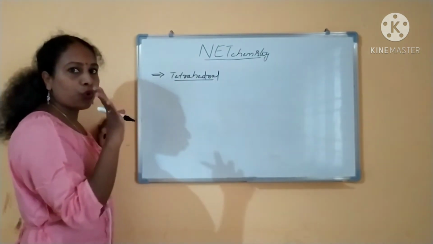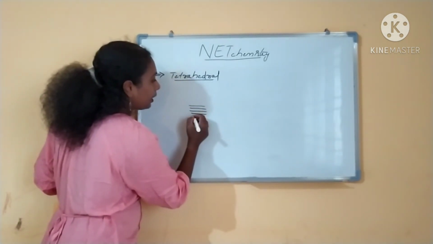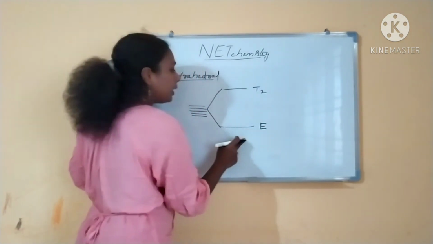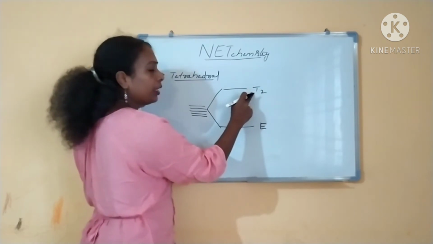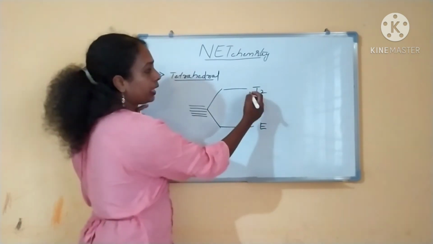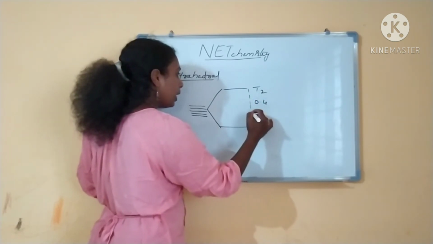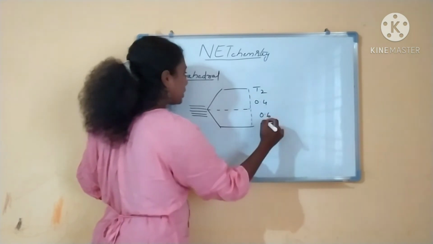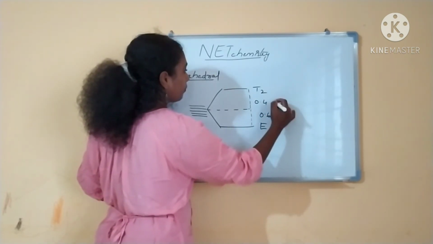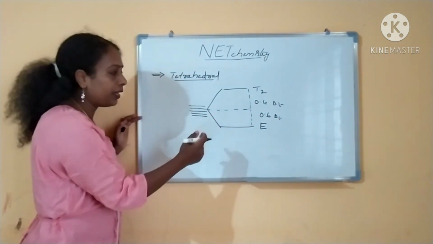Next we will see four ligands, tetrahedral splitting. How the d orbitals split in a tetrahedral environment. It is like octahedral splitting, but inverted. In tetrahedral, T2 and E will be the orbitals, with T2 at 0.4 and E at 0.6, delta T, represented by delta T since it is in the tetrahedral environment.